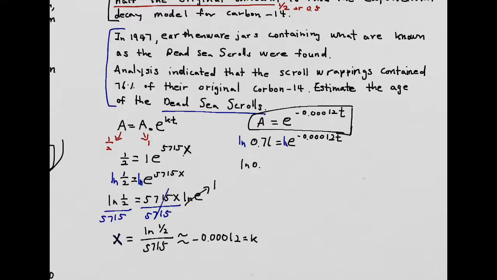And the natural logarithm of 0.76 equals negative 0.00012t times the natural logarithm of e.